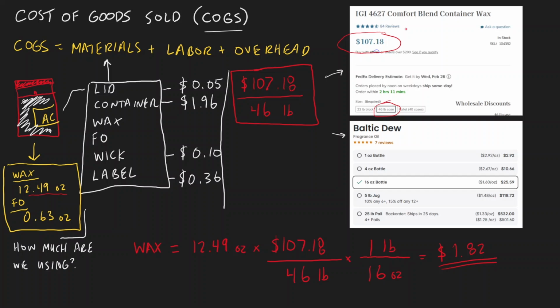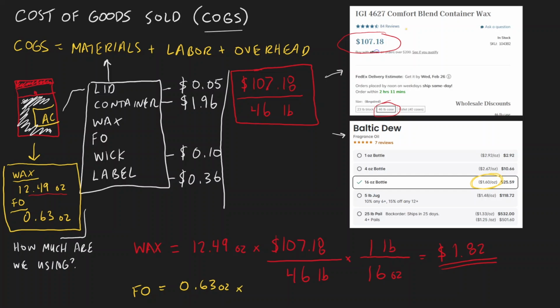But now let's shift over to fragrance oil. We have a much nicer look at things. They actually list it out in dollars per ounce. And if we ignore shipping, and if we ignore everything else, this is a pretty good shorthand to use. So we know that our fragrance oil, in our case, is 0.63 ounces.